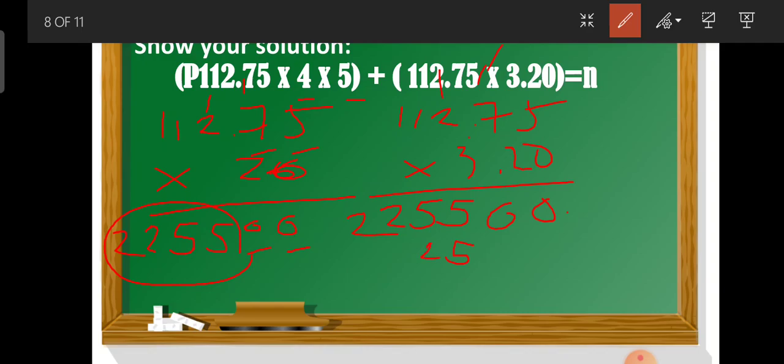So write 2, regroup 2. 3 times 2 is 6 plus 2 is 8. 3 times 1 is 3. And then you add. That is 0, 0, 0.